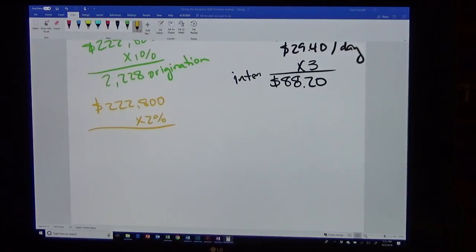That is $4,456 in discount points. So $44.56 in discount.